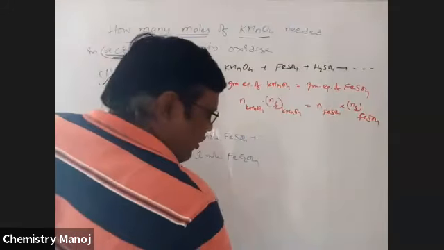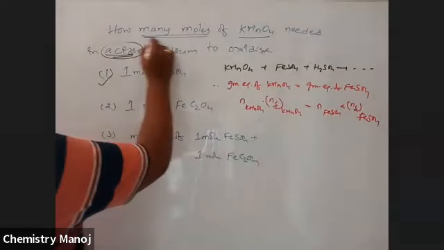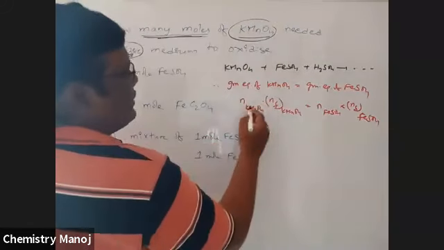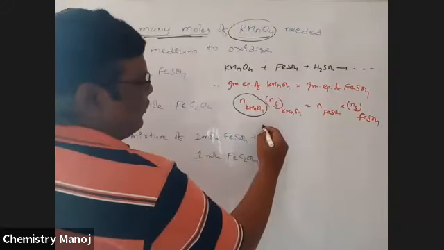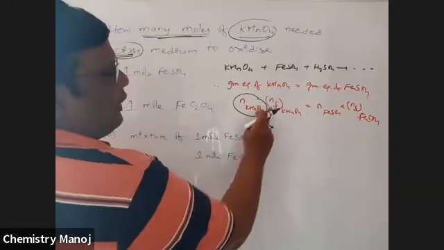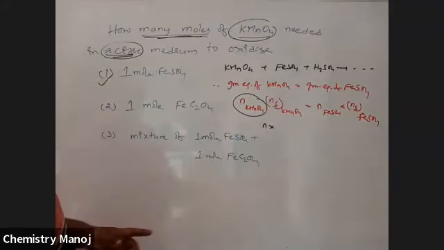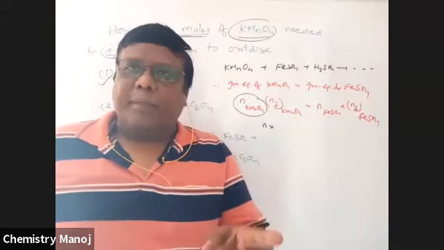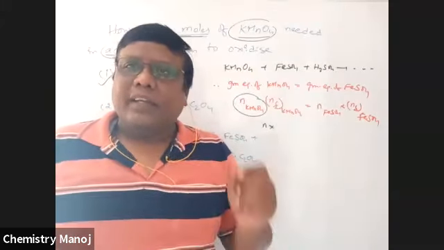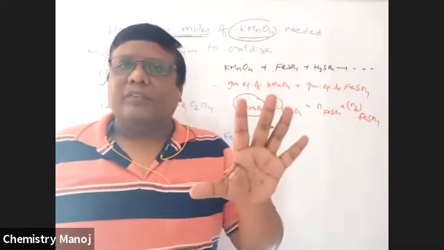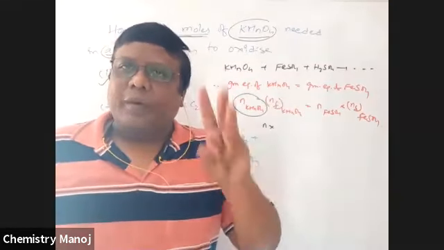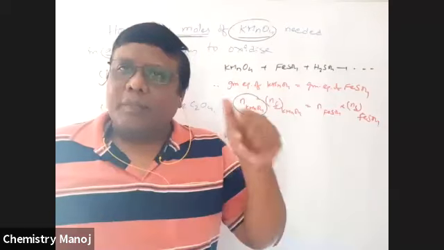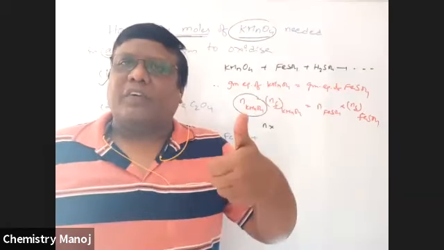Now, in your question, how many moles of KMnO4 are required? That is the number of moles of KMnO4 into n factor for KMnO4 in acidic medium. Already yesterday I completed that: for KMnO4 or MnO4 minus in acidic medium, n factor is 5; in neutral medium, 3; in strong basic medium, it is 1.